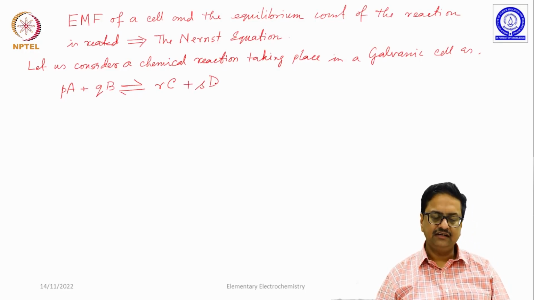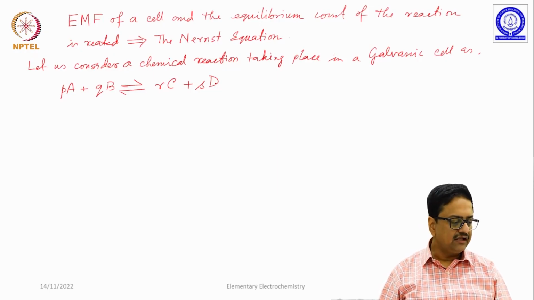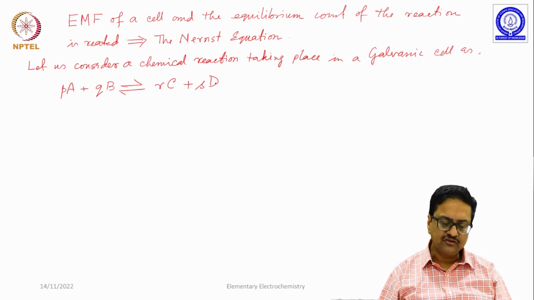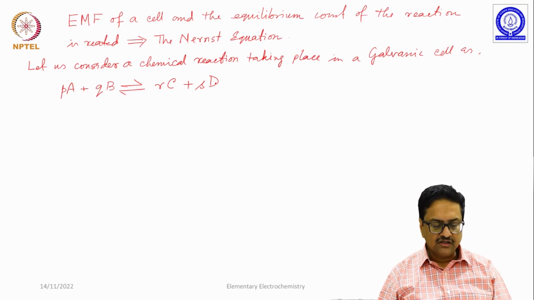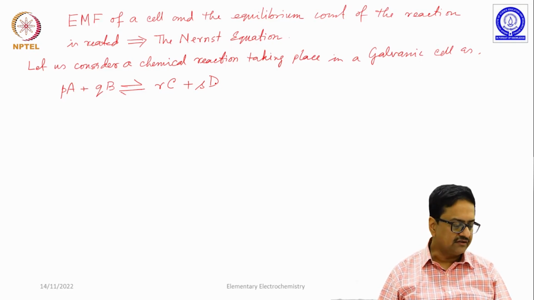So A, B, C and D are the reactants and products, while p, q, r and s are the stoichiometric coefficients required to balance the chemical reaction.